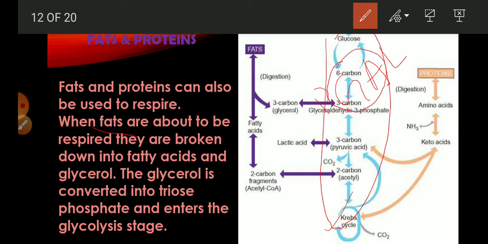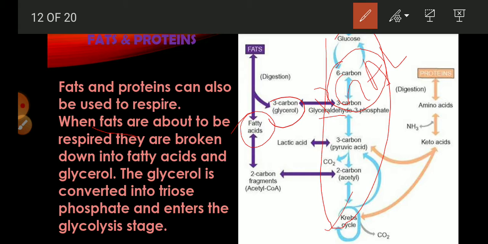But fats can also be used in this reaction to give us energy. Fats are broken down into their units, glycerol and fatty acids. Glycerol changes into glyceraldehyde 3-phosphate, like PGAL, and then moves into the Krebs cycle.